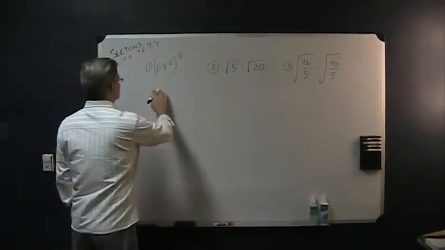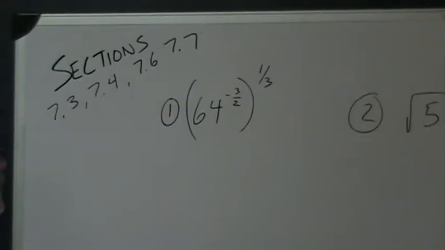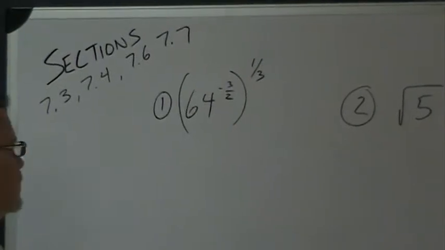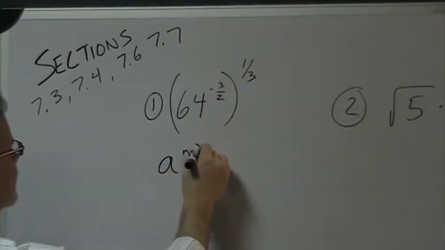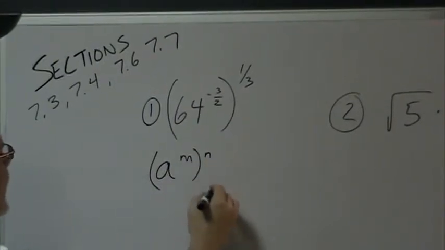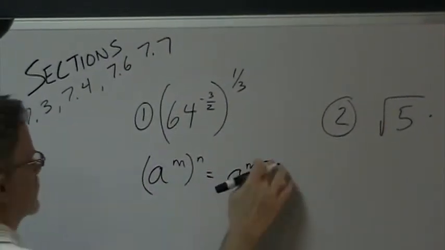Looking at this one, 64 to the -3/2 to the 1/3. Well, you can look at this in a number of different ways, but first of all, let's keep in mind that a to the m to the nth power is a to the m times n.